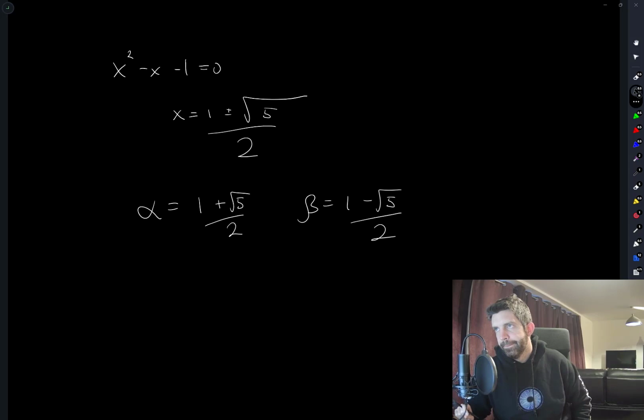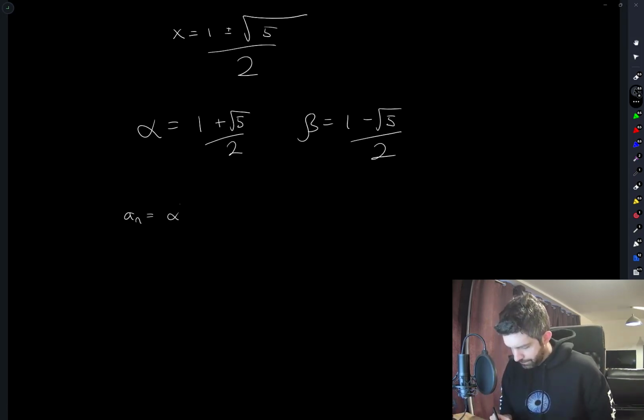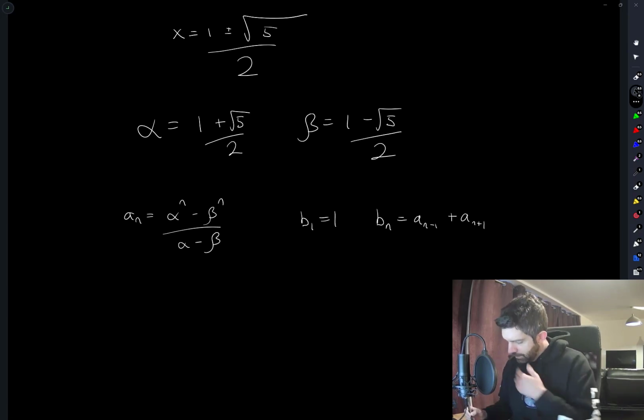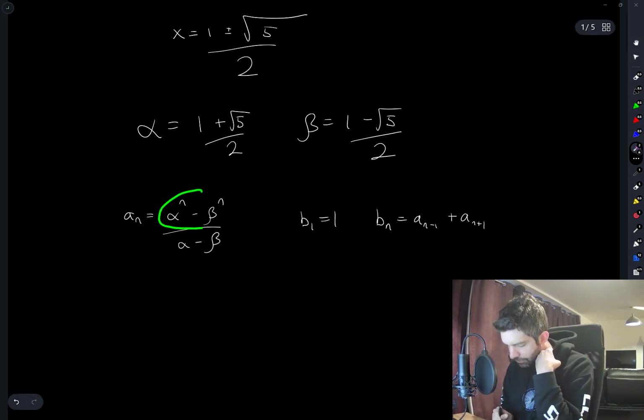So maybe, you know, the definition of bn, let me write down how an and bn are defined. Terms of the Fibonacci sequence can be written something like this.